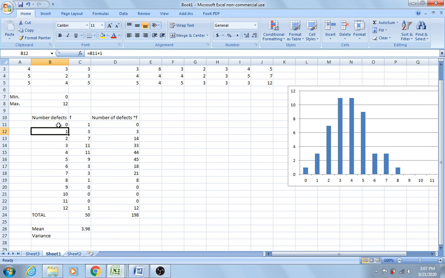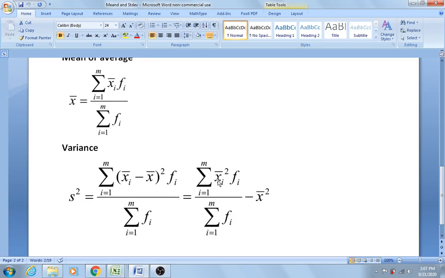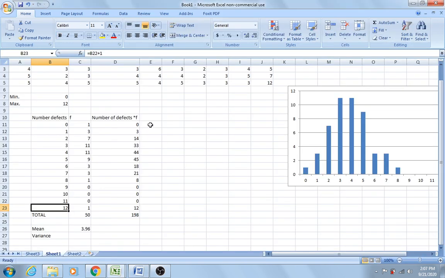So we have 0, 1, 2, 3, 4, 5. What is the middle point of 0? It is 0. What is the middle point of 1? Of course it is 1. What is the middle point of 12? Of course it is 12. So it is itself. Okay, so we need to square the number of defect and then multiply it by the frequency.